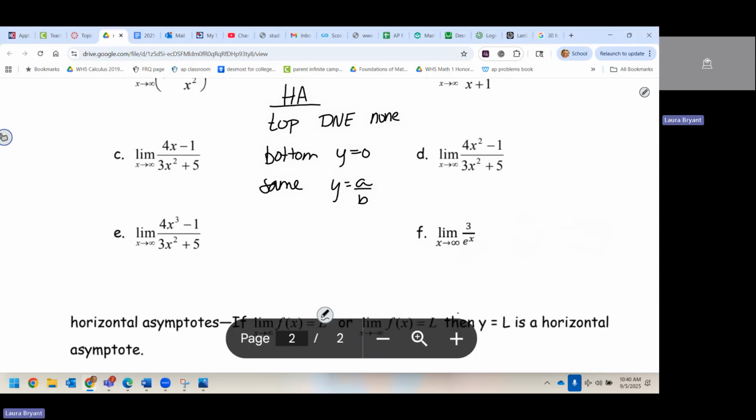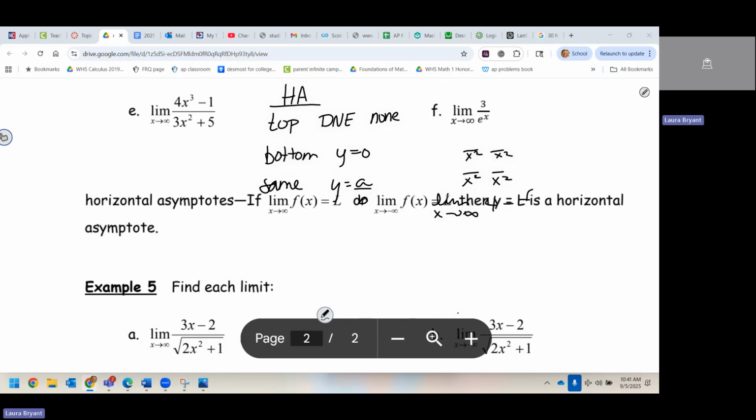So you were kind of learning steps in calculus without knowing what it is you were doing. And these all work because the calculus process we would do to solve these is you divide everything by the biggest power of x in the denominator. So I'm just going to show you one quick example. If I divide everything by x squared here, I get 4 minus 1 over x squared.